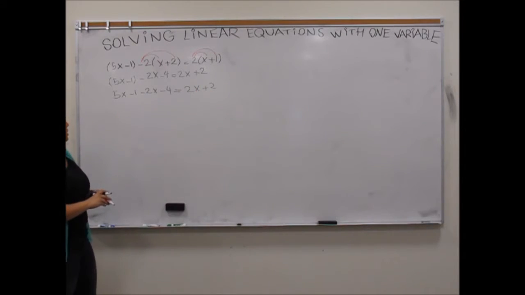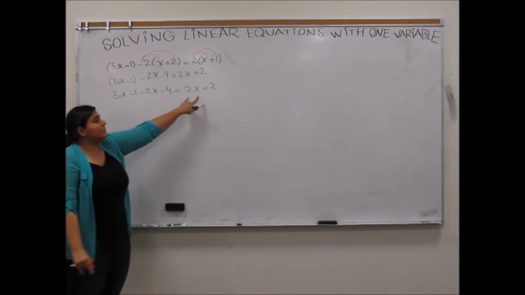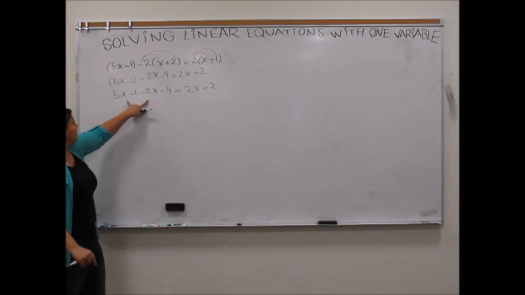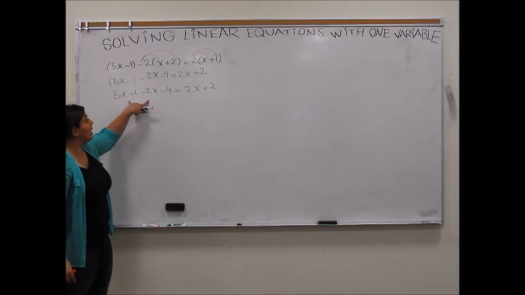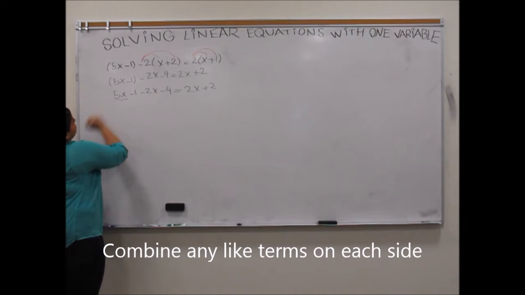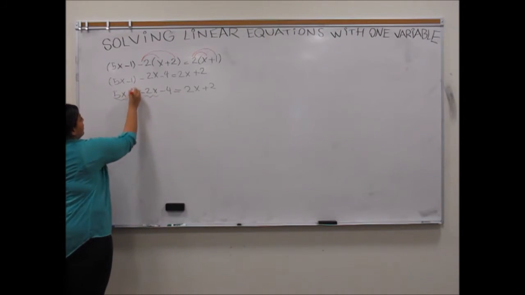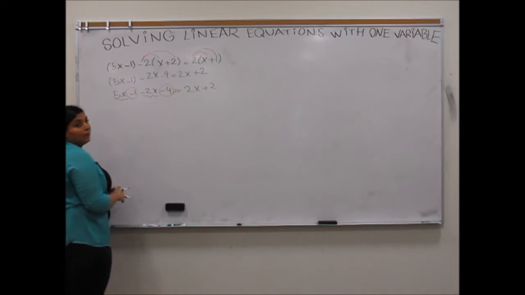Okay, so here, I want to simplify it even more. There is nothing to simplify on the right side, but in the left side, I'm going to combine the like terms. So here, notice how this 5x and negative 2x are like terms, and negative 1 and negative 4 are just numbers, so they are like terms too.